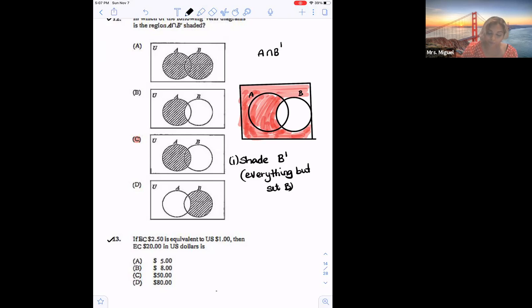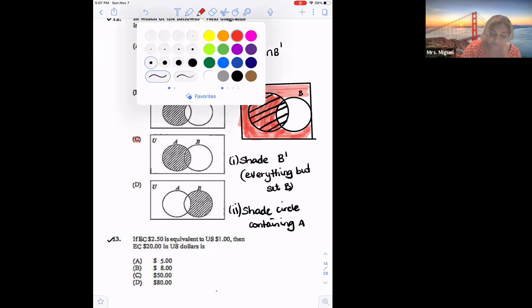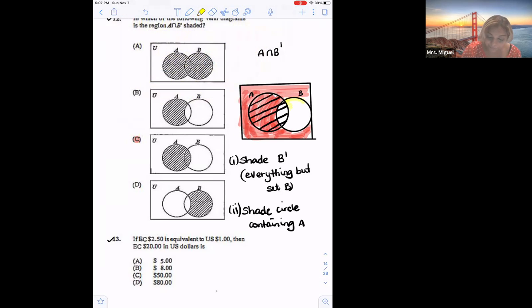The next thing I want is to shade the circle containing A. So if I shade the circle containing A, this part here remains, which is the part in yellow.